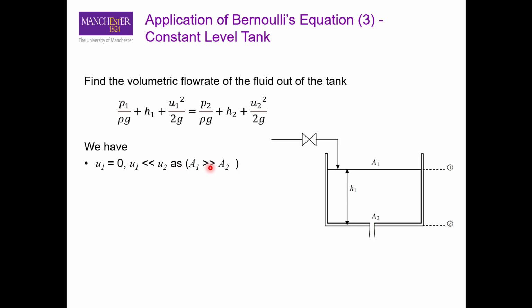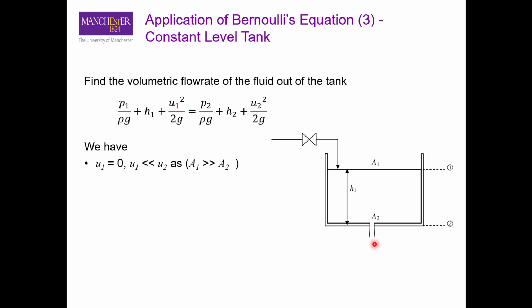And this comes from the continuity equation. If you know that the continuity equation is U1 A1 should be equal to U2 times A2, it means that if your cross-sectional area is much larger than the area at point 2, the velocity at point 1, that is here, would be much less than the velocity here.